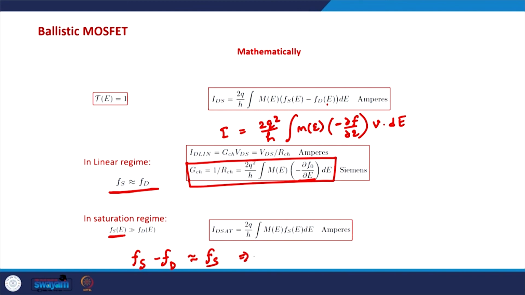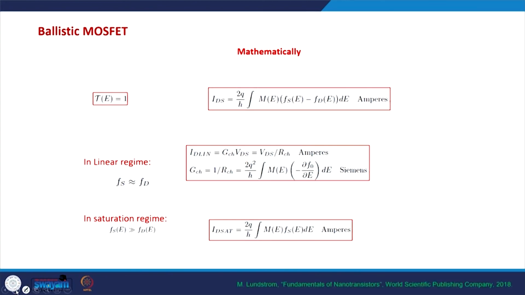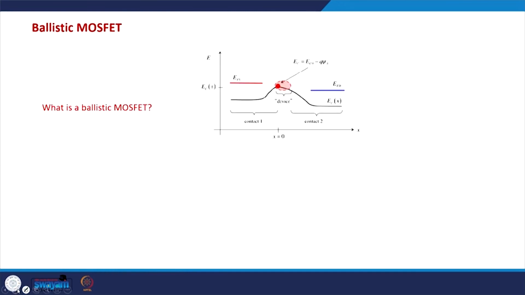It means that in saturation, the drain current in the MOSFET is (2q/h) integral of M(E) times Fs(E) dE. So these are the equations to start with while trying to understand a ballistic MOSFET.